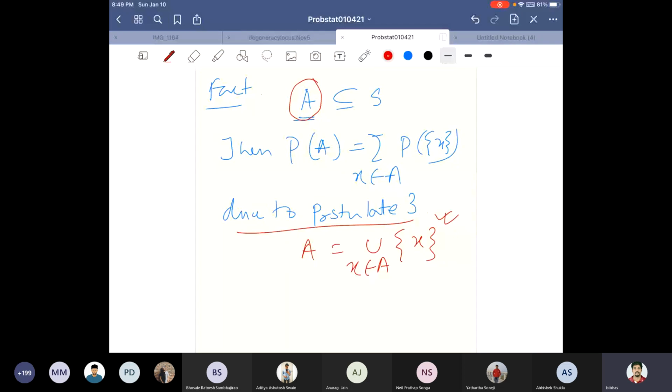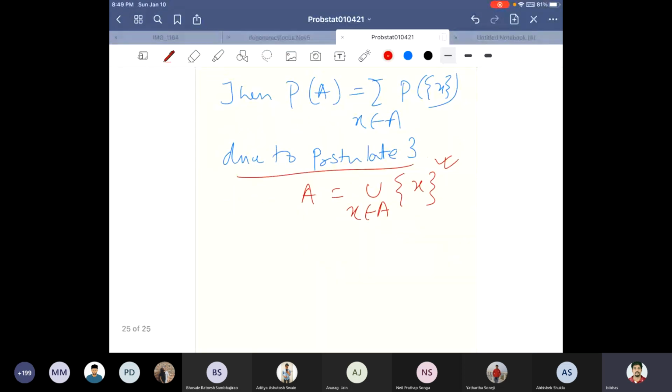Okay, so before that we defined two kinds of sample spaces. One is called discrete, and another one is called continuous.